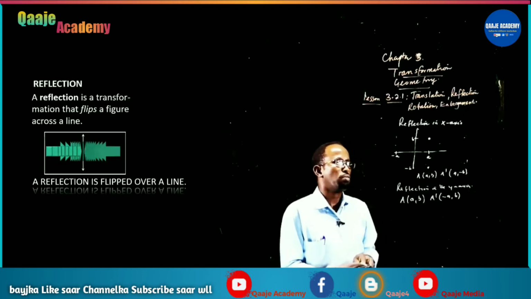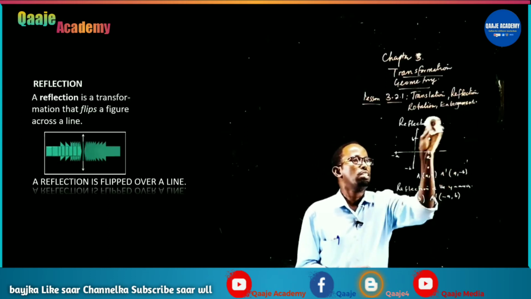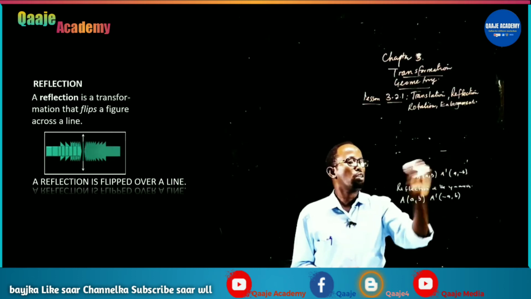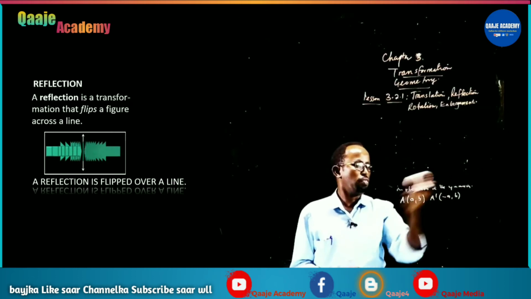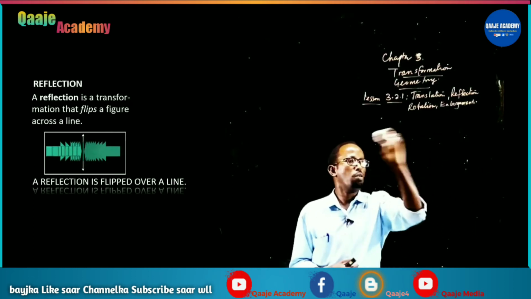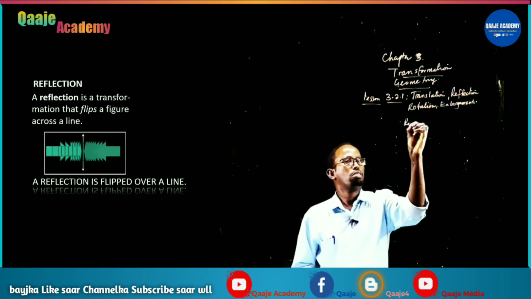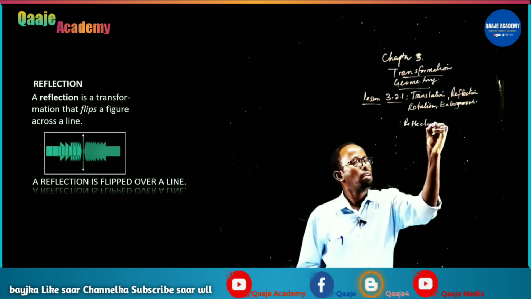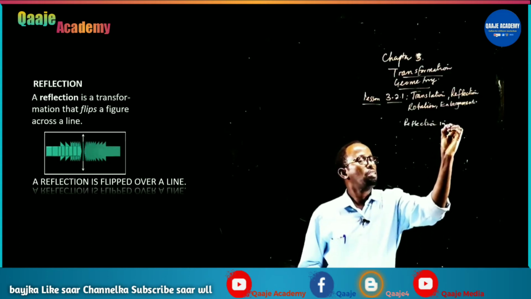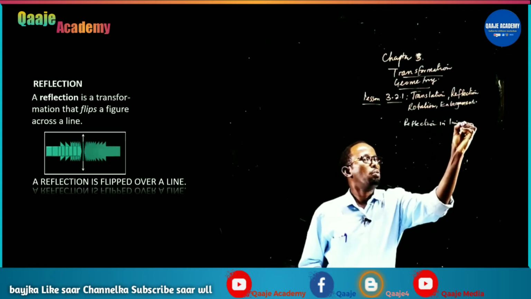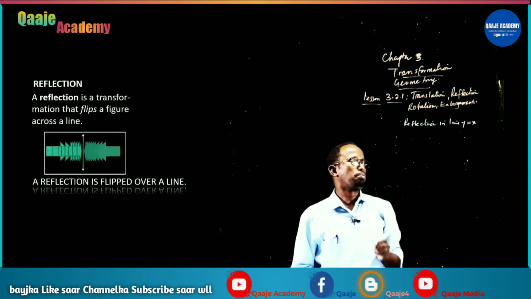The next one is reflection in the line y is equal to x.